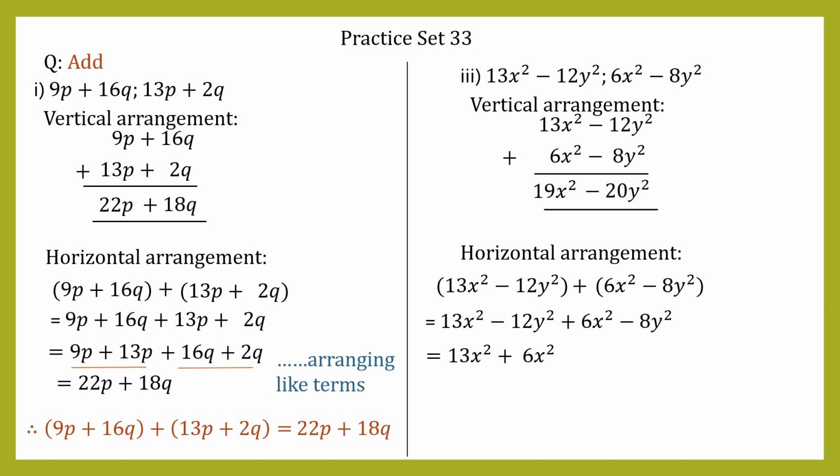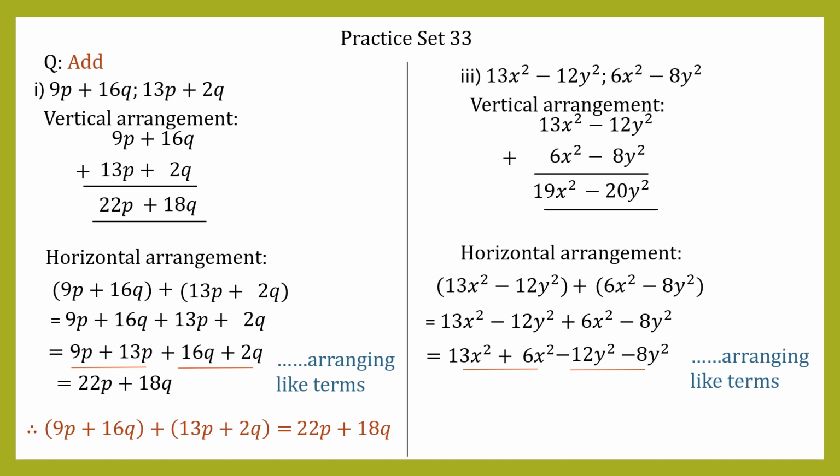Let's arrange the terms. 13x squared plus 6x squared, these are like terms. And then next, minus 12y squared minus 8y squared, one more pair of like terms. Let's underline the like terms. The reason will be arranging like terms.